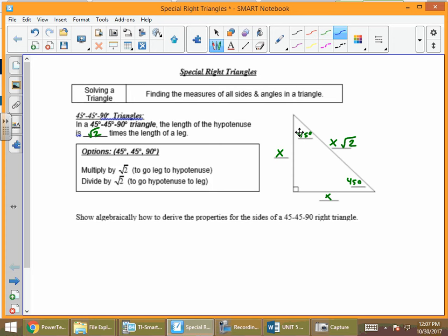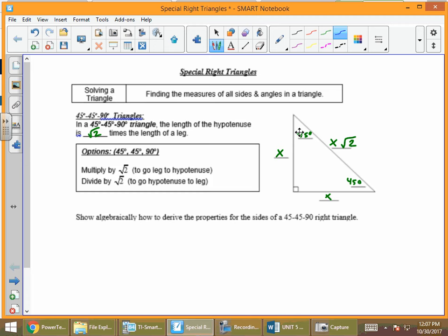Little tricks. If you're given a leg and you're trying to find the hypotenuse, all you have to do is multiply the leg by radical 2, and you have your answer. And when I say multiply, you just write it next to it. If you're going from the hypotenuse to a leg, you do the opposite.